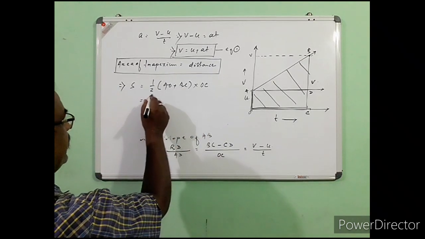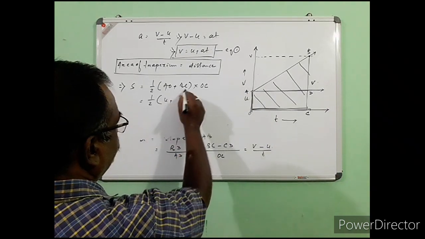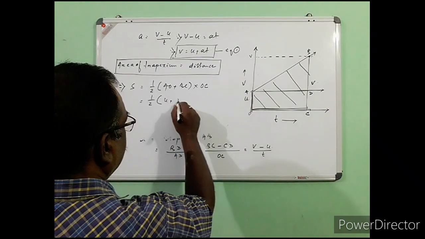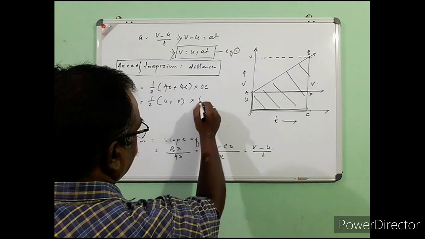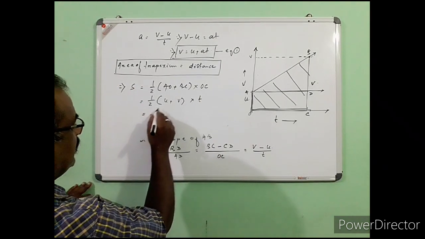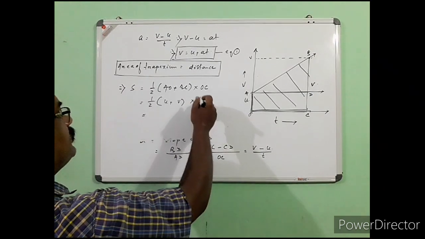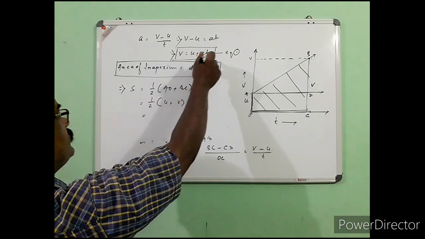Now replacing these values, we have AO equal to U, BC equal to V, and OC equal to T. So now we get half into (V plus U) into T. But from the first equation we have V equal to U plus AT.